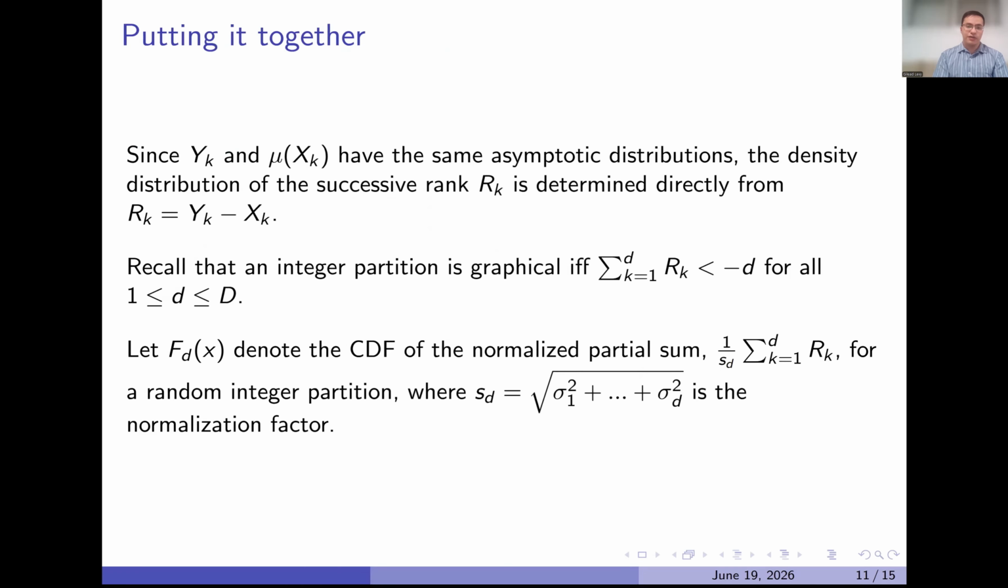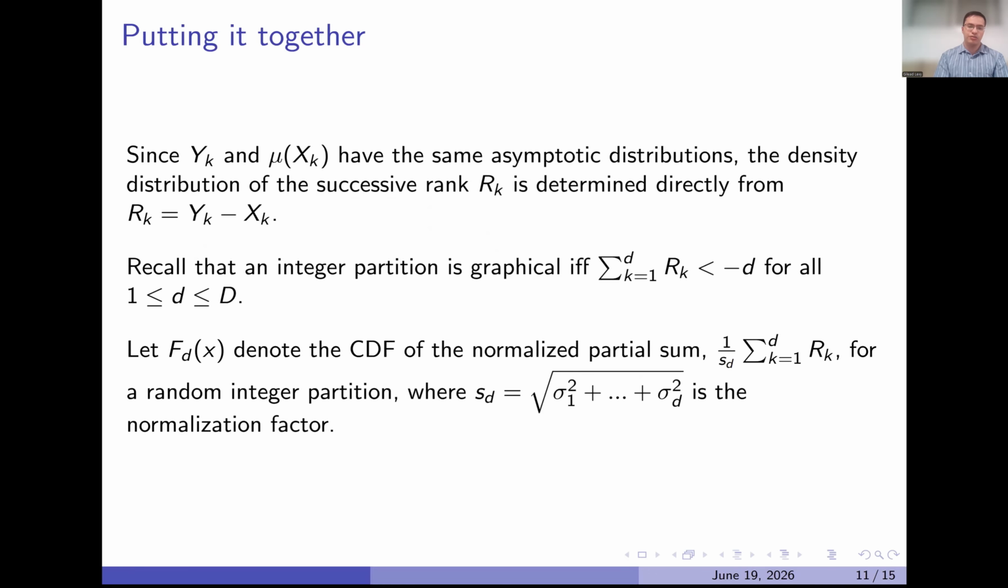Afterwards, by evaluating the distributions of y sub k and x sub k, we can directly determine the distribution of the successive ranks by the definition of the difference between those two quantities, that is y sub k minus x sub k. And then finally, in order to apply the condition of graphicality formulated by Nash-Williams, we must find the distribution of the partial sums of the successive ranks.